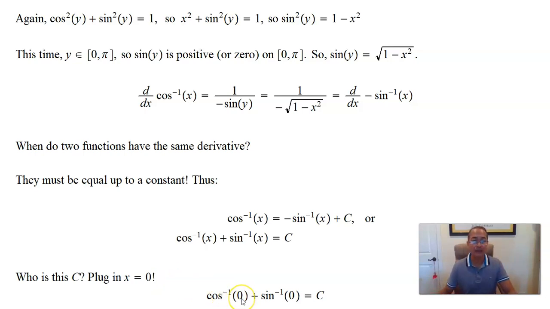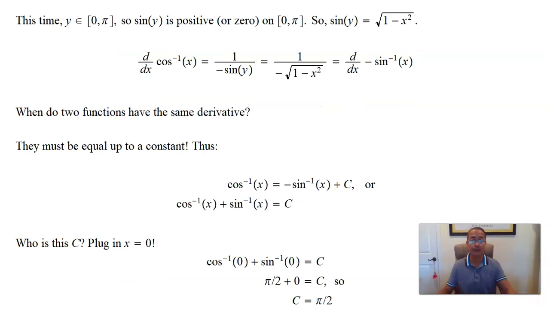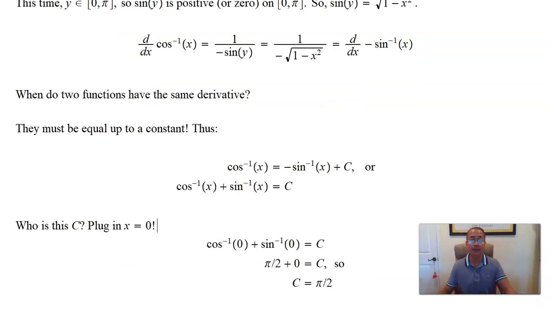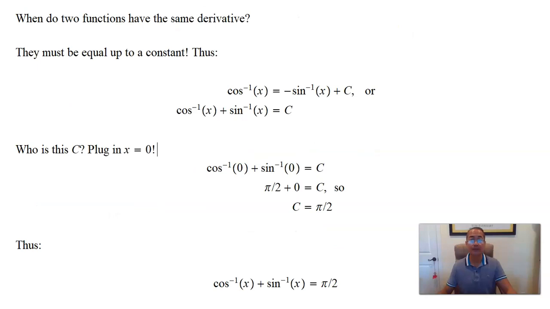So we get arc cosine 0 plus arc sine of 0 must be that constant. So 10 minutes ago, we said that arc sine of 0 is just 0. But what about arc cosine 0? What angle between 0 and pi has cosine 0? Cosine is the x-coordinate. I hope you realize that that is pi over 2. All right, so pi over 2 plus 0 must be our constant. So our c must be pi over 2.